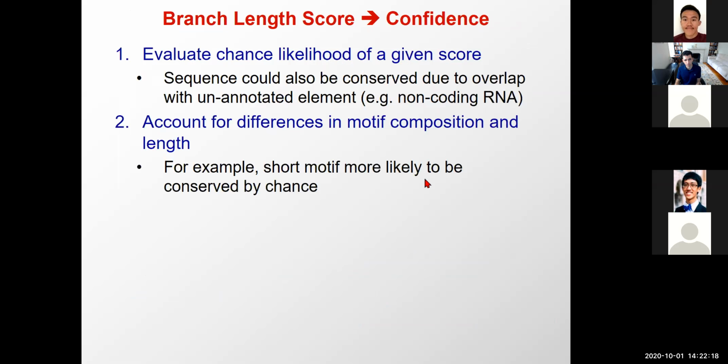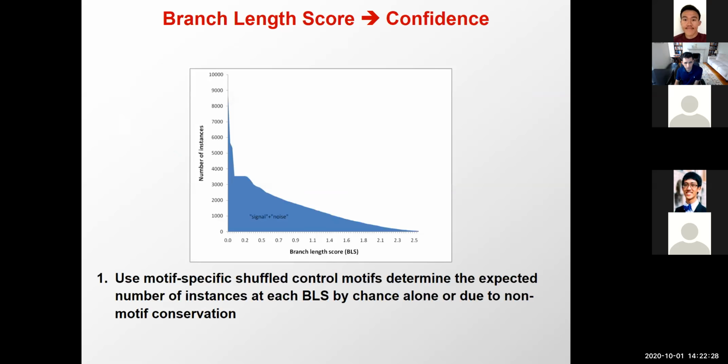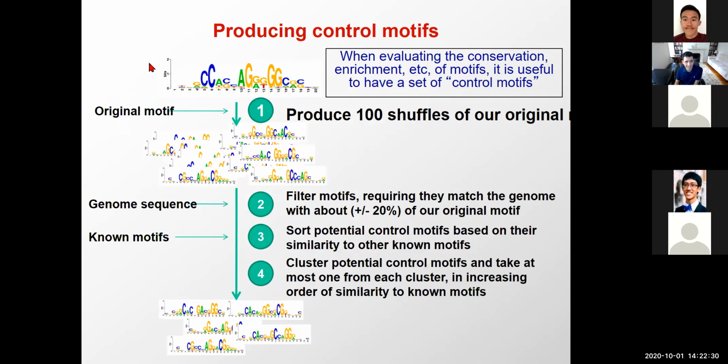For example, a short motif might be likely to be conserved by chance, but at the same time, a very AT-rich motif might be conserved by chance in an AT-rich genome. So what we'd like to do is construct a set of control motifs, just like before, where we take our original motif and produce hundreds of shuffles of it, just shuffling the positions, and then filter these motif shuffles, requiring that they match the genome within 20% of the original motif.